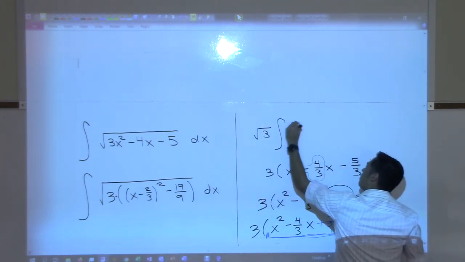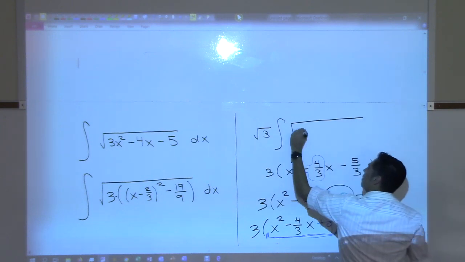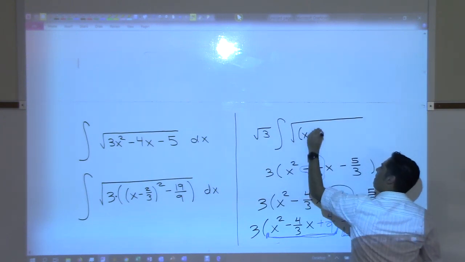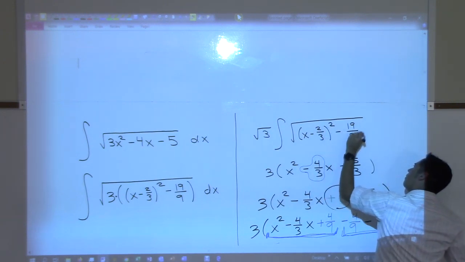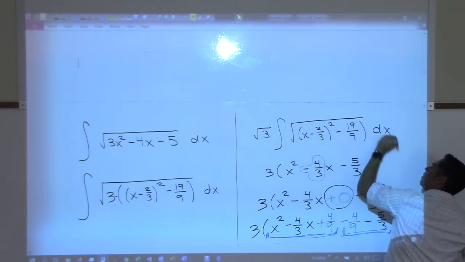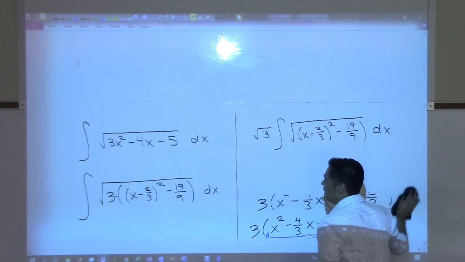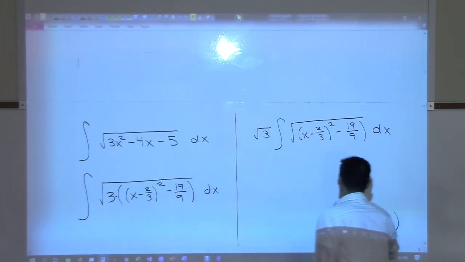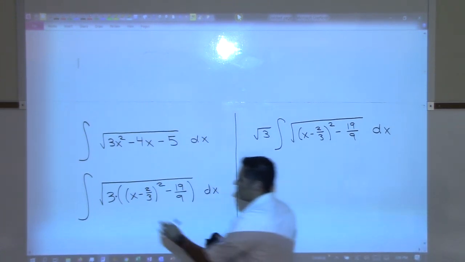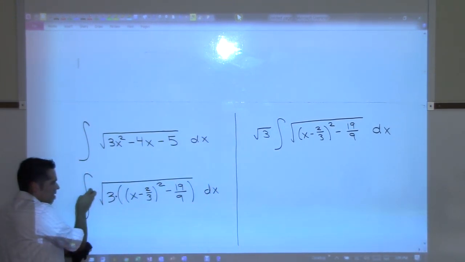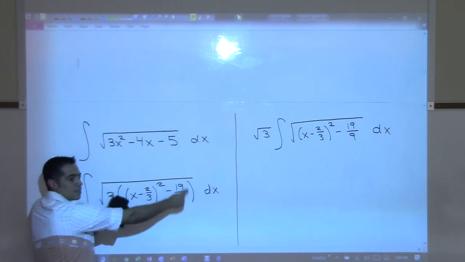And now I have this. Finally. I don't need this parenthesis anymore, sorry. Because this 3 came out, I didn't need that big set of parentheses anymore.